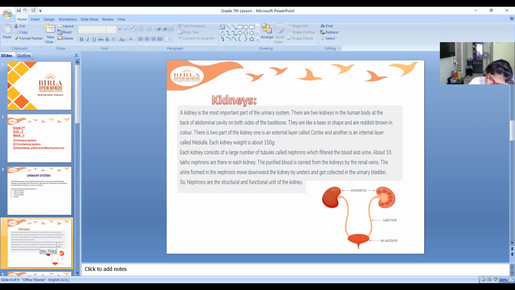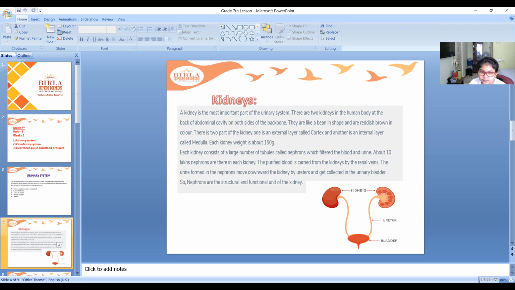It comprises the kidneys. Ma'am, there is ureter, anus, bladder. Anus is separate. It excretes the solid waste. We are talking about the liquid waste, the waste which has been excreted out in the form of urine.